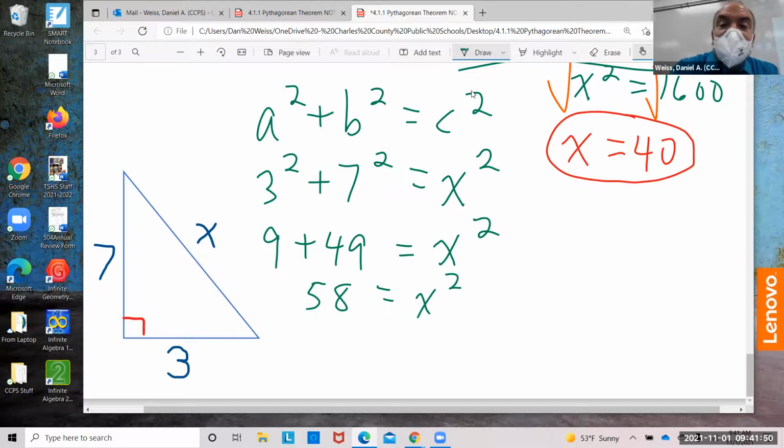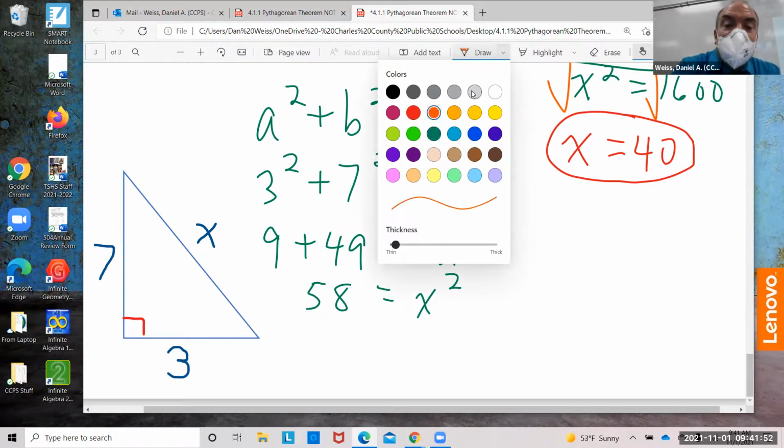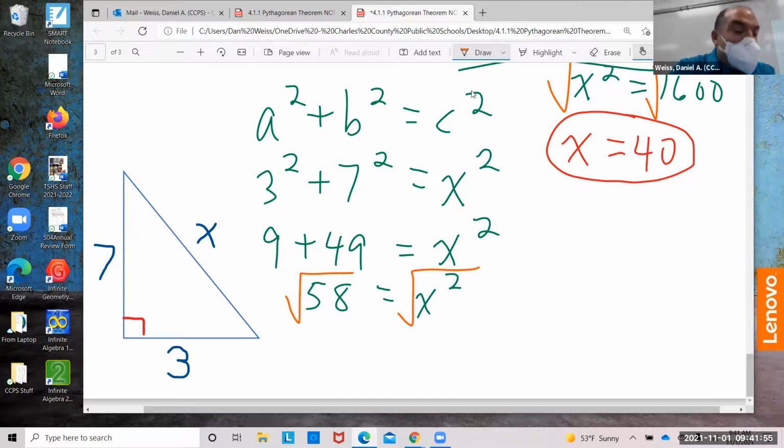So I take the square root, right? And when I take the square root of 58, I get 7.615773105. It goes on and on and on.